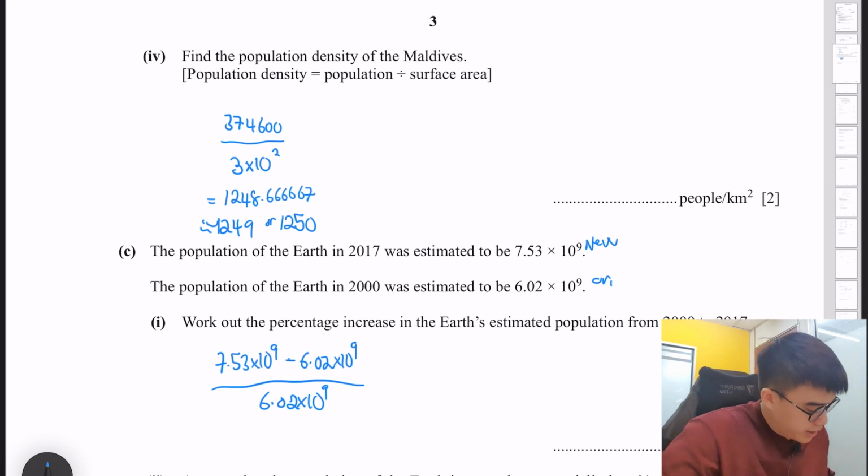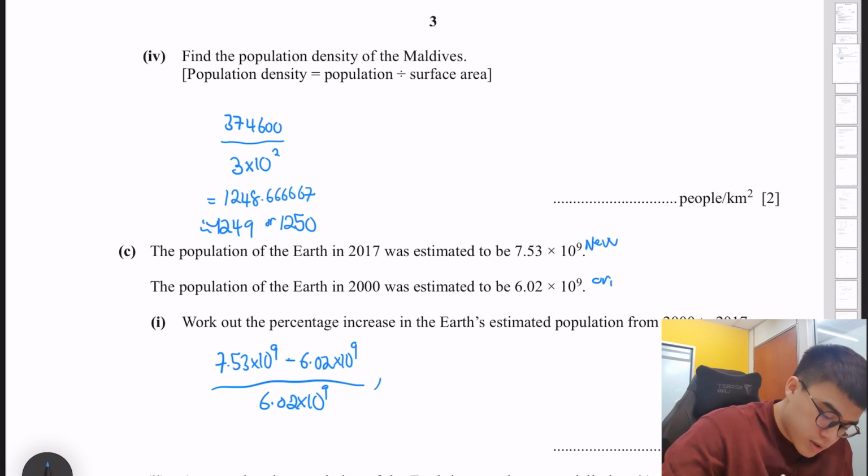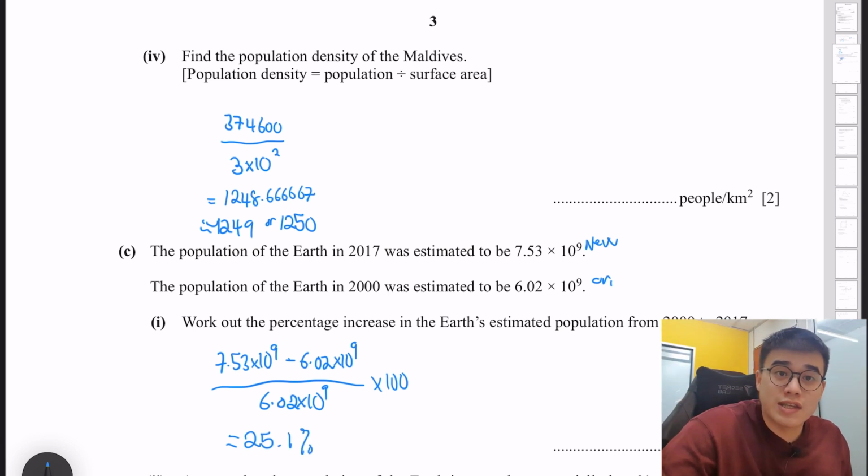With this, you will get the result as 151 over 602, before you convert it into percentage. After you multiply it by 100, you get your final result as 25.1% after correcting to 3 significant figures.